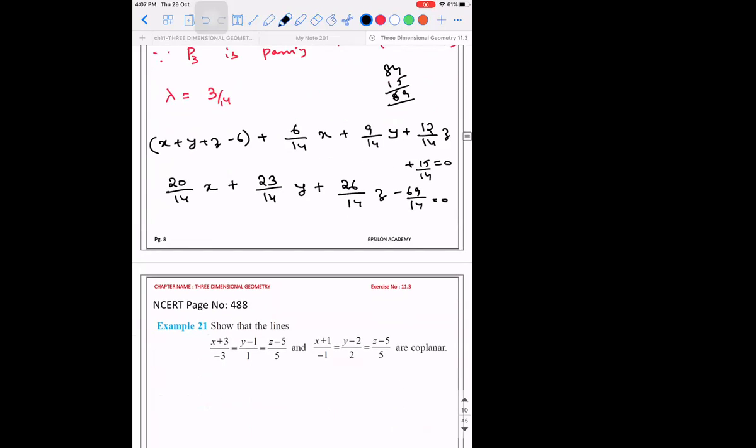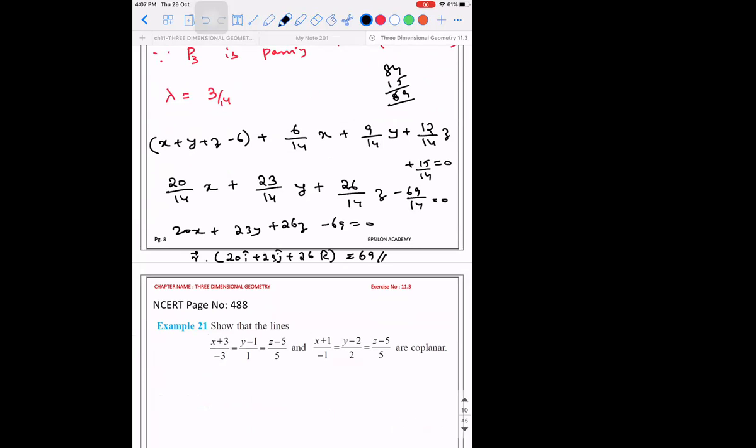The 14 will go to the other side. So what you will have is 20x plus 23y plus 26z minus 69 is equal to 0. So what will be the vector equation, guys? R vector dot 20i cap plus 23j cap plus 26k cap is equal to 69.